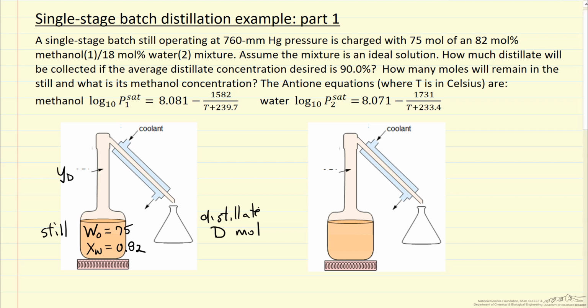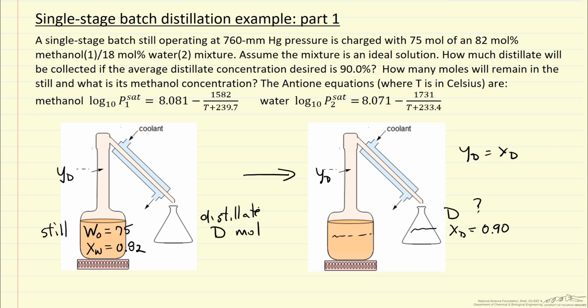Then we start out, of course, there's no distillate at the beginning. And then as we distill, the level here goes down. Level here goes up. We want to calculate what's the value of D, where XD is 0.90. Now remember, YD is the mole fraction, and so YD equals XD when we have a single stage batch distillation that we're looking at here.